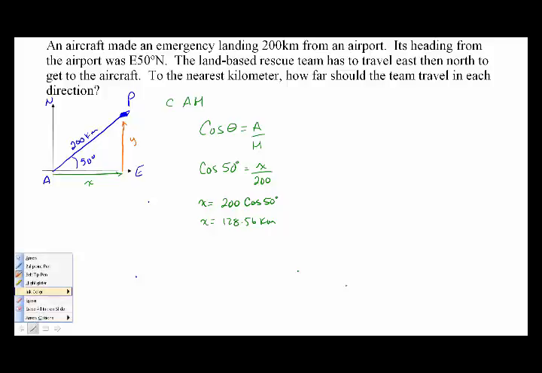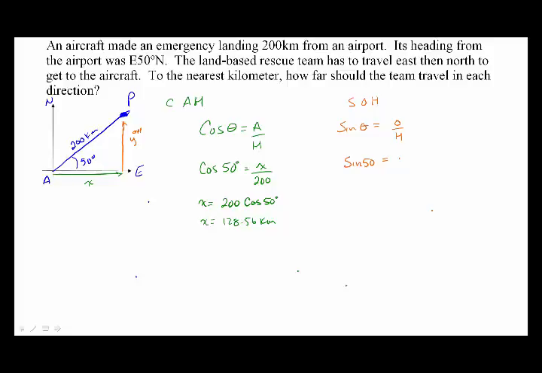And I have to do the Y part. Which one am I going to use? We've got the hypotenuse again. Y is the opposite side. And so it's going to be sin of the angle, opposite over the hypotenuse.